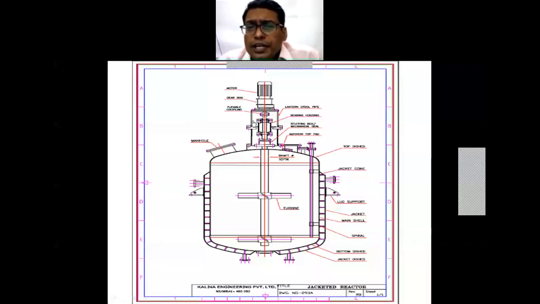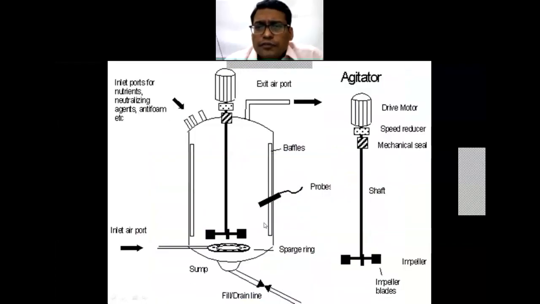Then here more details related to the agitation system are provided. So all these are your different accessories. Now in this case, it is the same thing, but here the air inlet is provided, which is the annulus or the sparging ring provided inside this.